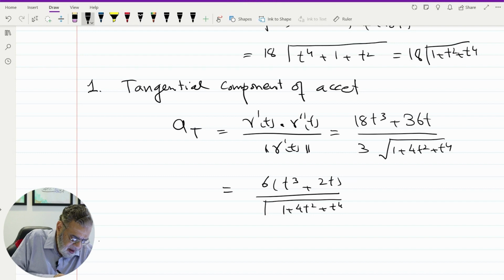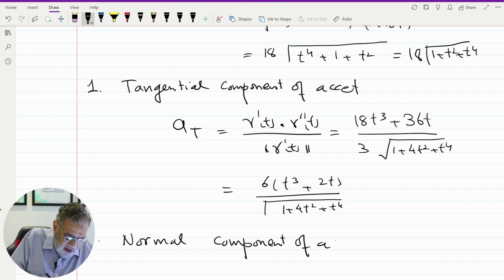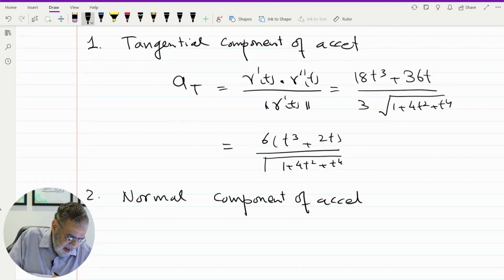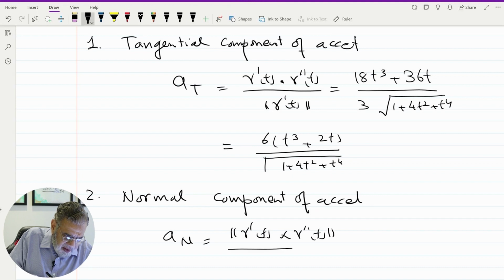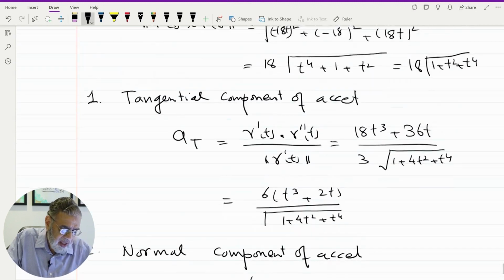Now I write here the normal component of acceleration. These are all examples we can calculate this way: we are given the vector valued function, and with it we find the first and second derivatives, and then as we need in the formula, the cross product and the dot product of r dash and r double dash, and then we take the magnitude of r dash and of the cross product, and then simply substitute as we have the formula.